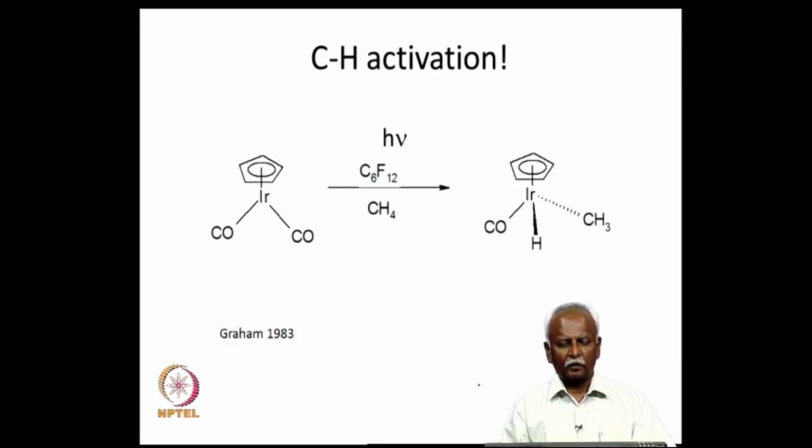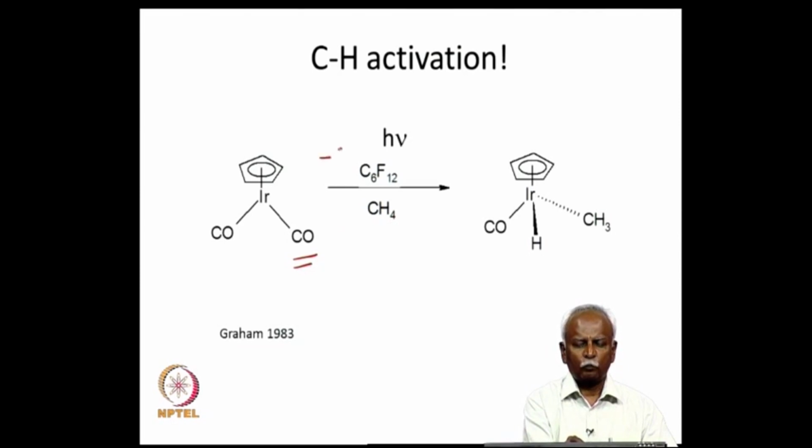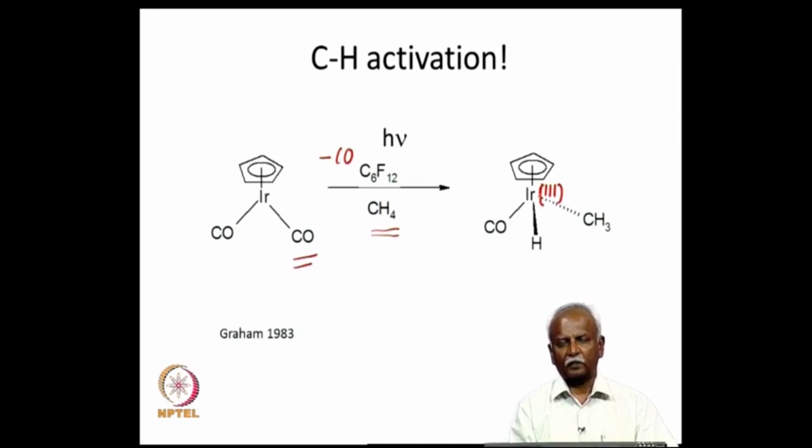And here an iridium(I) complex was again photolyzed, and during the photolysis carbon monoxide was liberated, minus CO. Because of the vacant coordination site on iridium and the presence of methane, you can have an oxidative addition of a CH bond to the iridium(I) species, resulting in the formation of a methyl iridium hydride, which is formally an iridium in the +3 oxidation state.